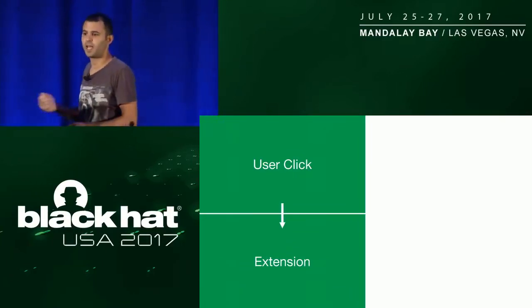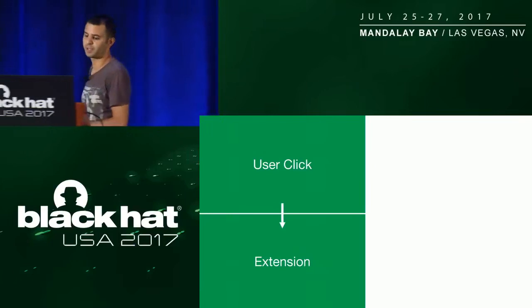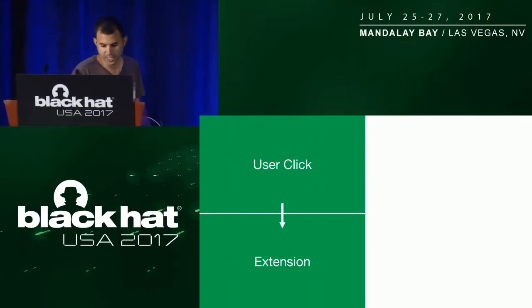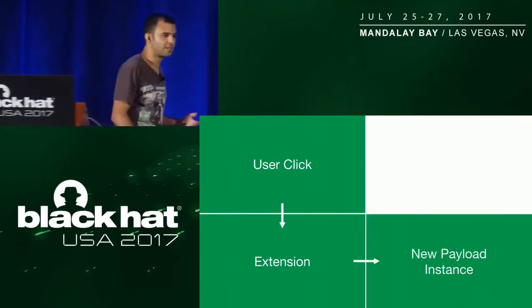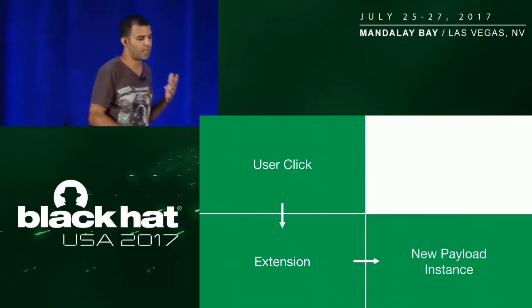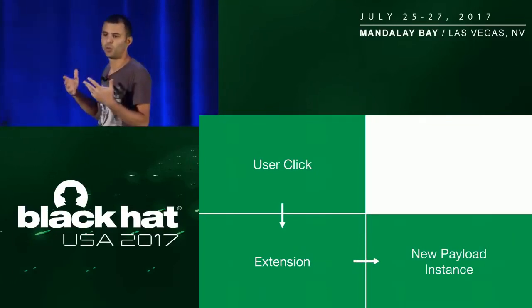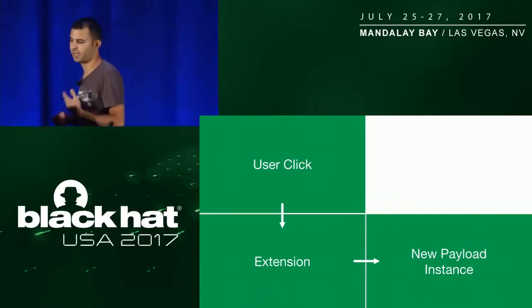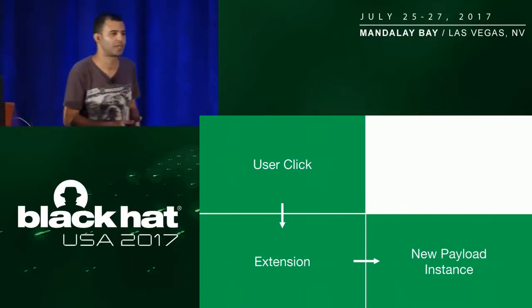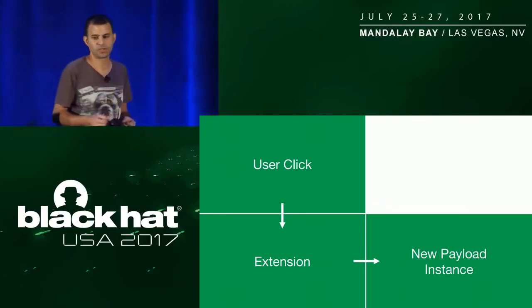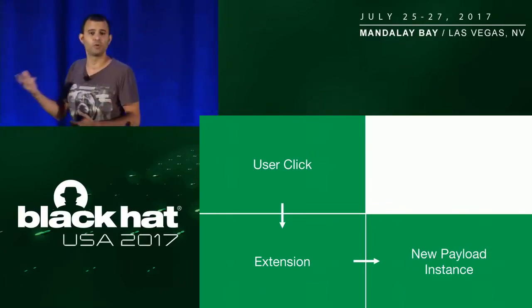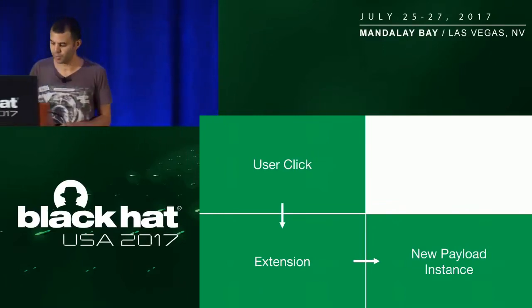In the second attack, an executable, the JSE file, installed this extension. Next, the extension runs and creates a new malicious payload instance. In the Wix attack, it was a new Wix website that offers you to install the extension. In the second attack, it was a JSE file uploaded to the user's Google Drive.